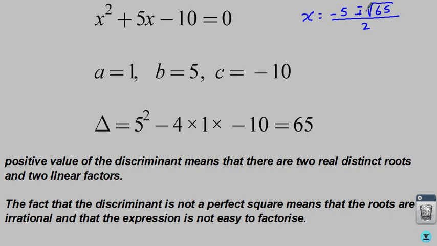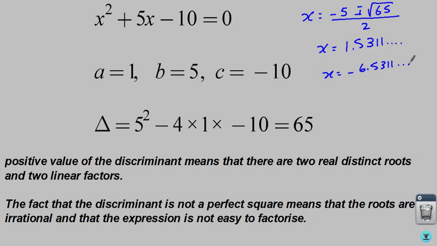And if we calculate this value, we get the following two answers. x equals the irrational number 1.5311, etc., or x equals negative 6.5311, etc. Two irrational numbers.